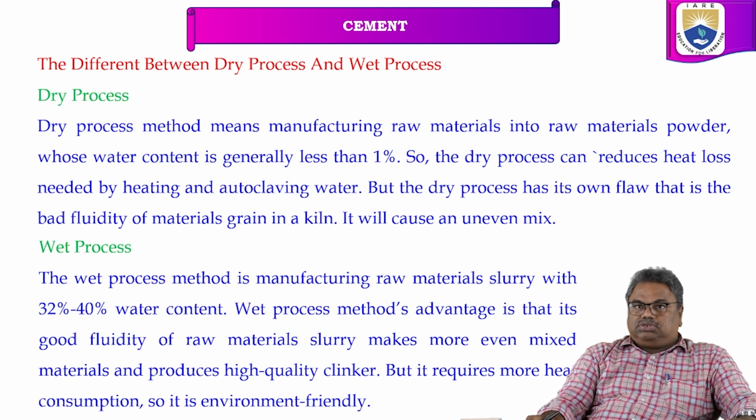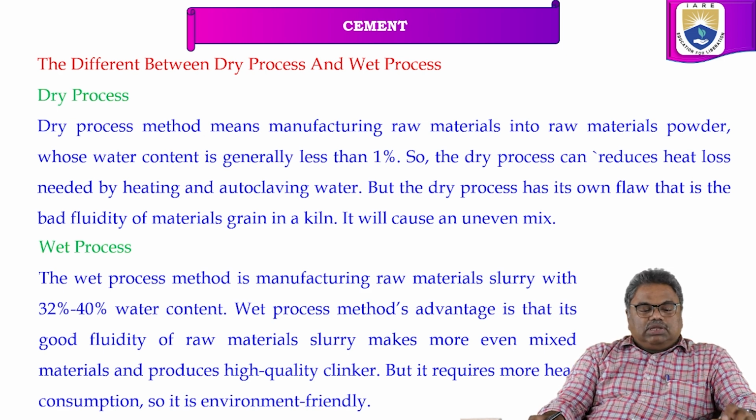The dry process can reduce the heat loss needed for heating and autoclaving water. But it has its own flaw: bad fluidity of the material grain in the kiln, so it will cause uneven mixing.